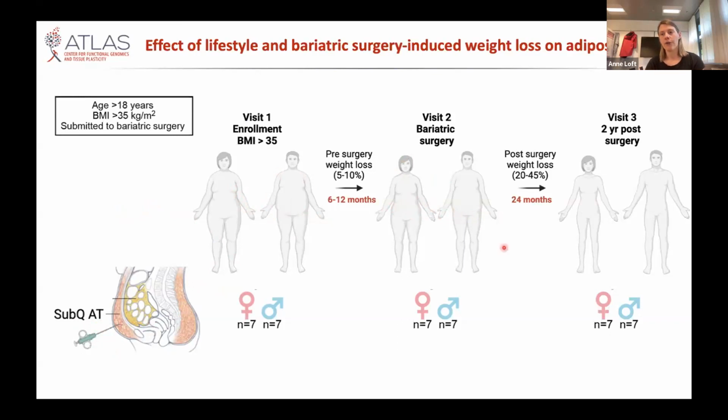And then we also followed the patients after the surgery and took the last biopsies 2 years post-surgery. And this allows us to study different modes of weight loss.